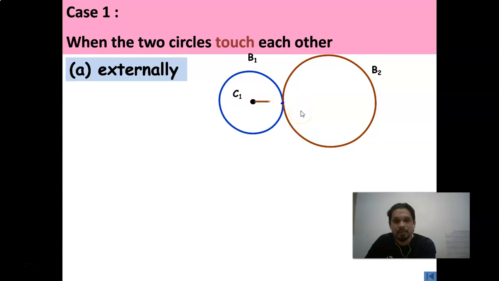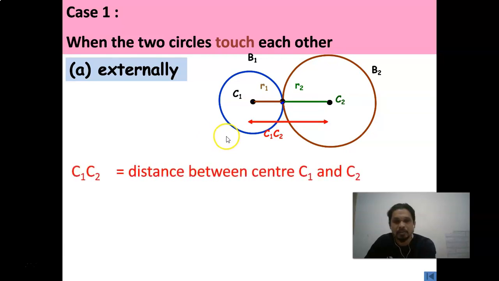So the radius of C1 is R1, and the radius of the circle with center C2 is R2. So R1 plus R2 is the distance between center 1 and center 2. C1C2, the distance between C1 and C2, is also the addition of the radii R1 and R2.